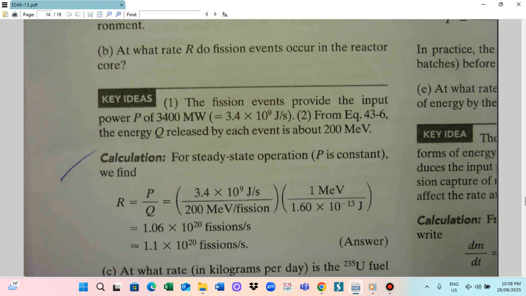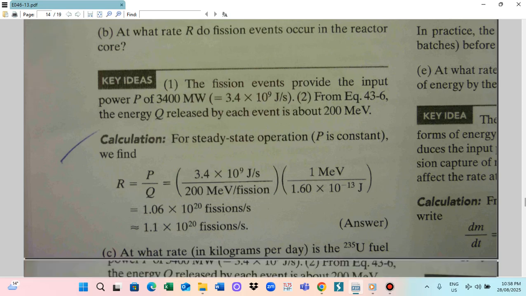By solving this, the fission rate can be calculated: 1.06 times 10 to the power 20 fissions per second.